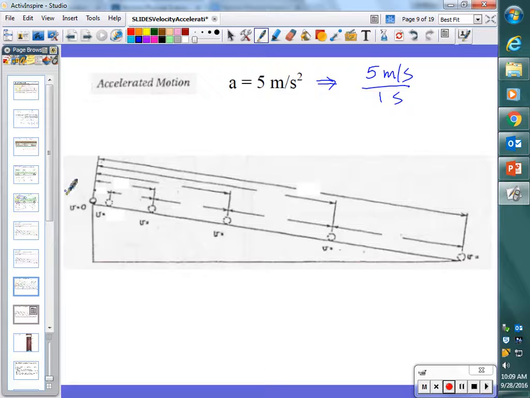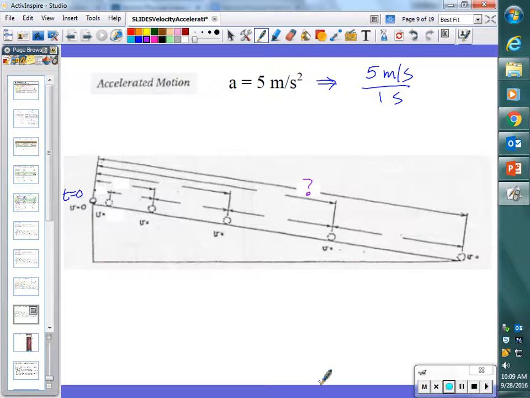Again, at the very top of the ramp, t equals 0, velocity is 0. Ultimately, we are trying to find how long this entire ramp is.